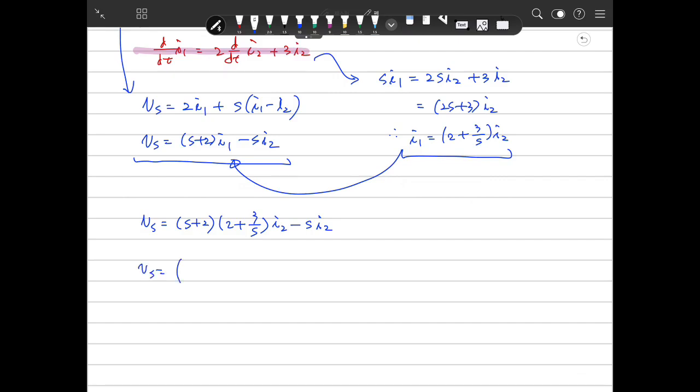Then Vs will be, how much is it? 2S plus 3S, and 4 plus 6 over S I2 minus S I2. So there will be (S plus 7 plus 6/S) I2 here.